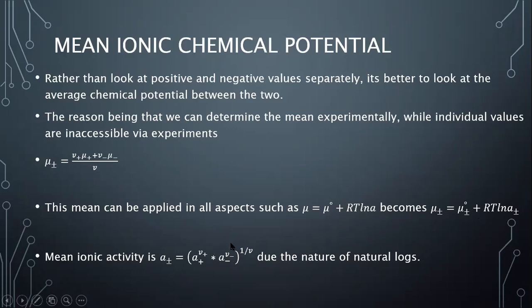We raise them to the coefficient and multiply instead of adding. So remember, the rule of log says, I'm going to annotate this real quick. The rule of log says a log x equals the same as log x to the a power.